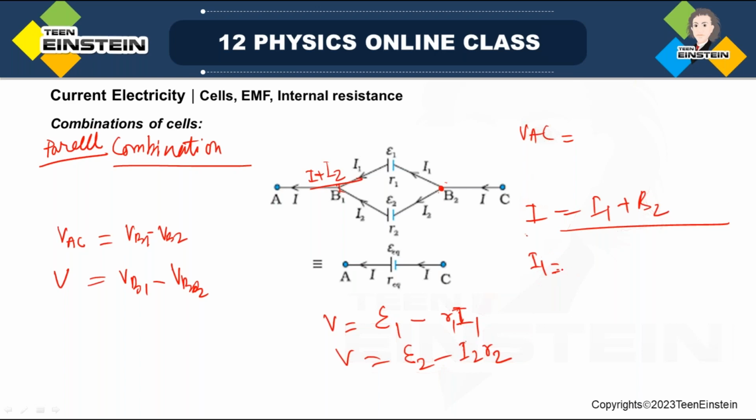So we have to solve for I1 and I2. If we solve for I1 and I2, look what we are going to get.